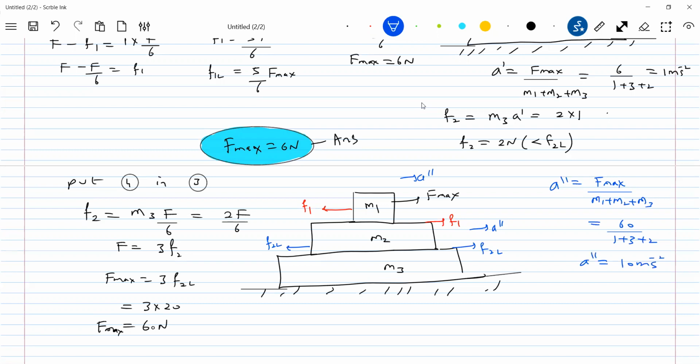Let's calculate the friction F1. F max minus F1 equals M1 A double dash. What is the F max value? 60 Newton. F1 I don't know. M1 is how much? 1 kg. This is 10. So F1 equals 50 Newton, I'm getting.